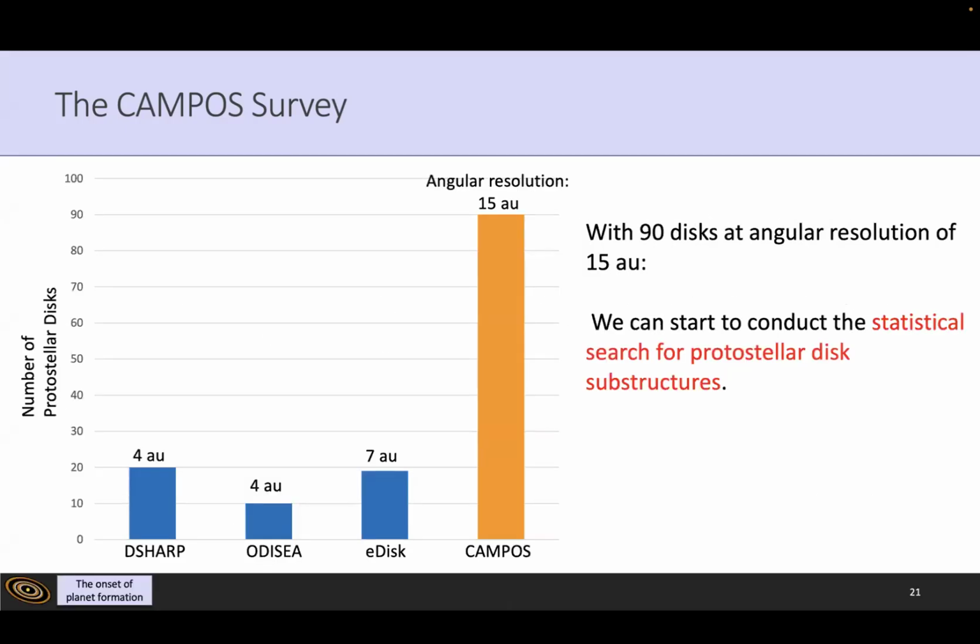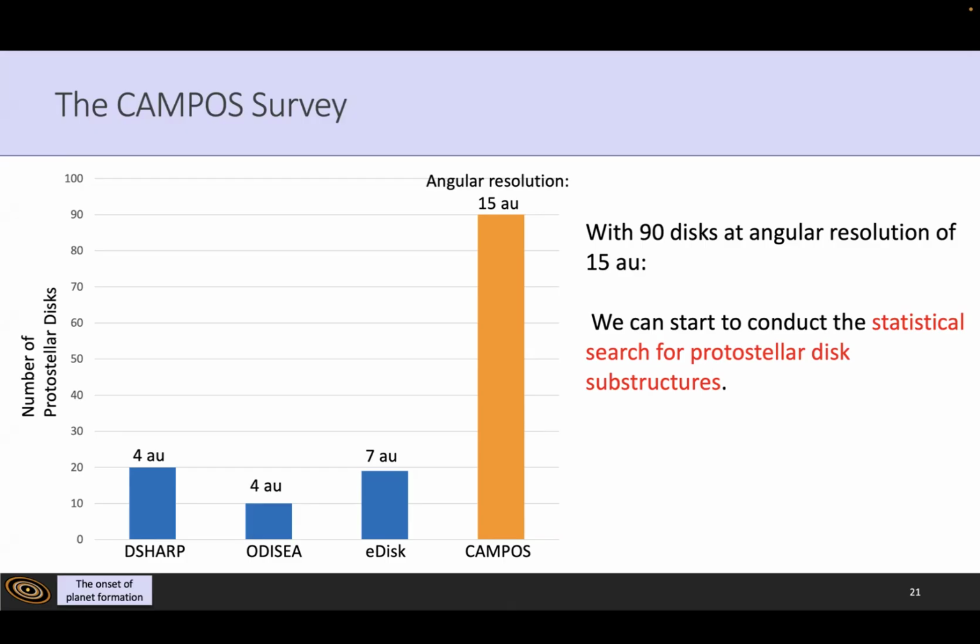Here is a comparison of our survey with other previous surveys. For example, DSHARP, ODISEA, and eDisk all have much higher angular resolution, but their samples are very small and biased. They usually pick the largest and brightest disks. Our CAMPOS survey has an angular resolution of around 15 AU, but we have 90 disks.